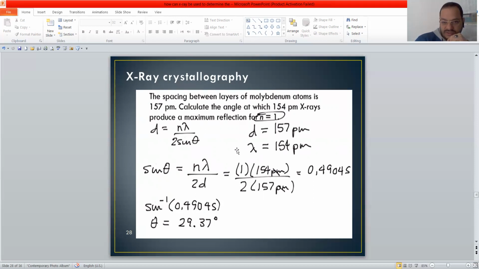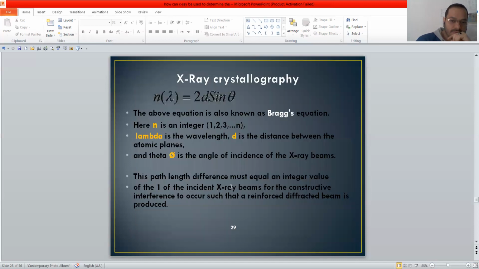By Bragg's law, n lambda equals 2d sine theta. That means sine theta equals n lambda divided by 2d. After that, taking the inverse sine, theta equals approximately 30 degrees.